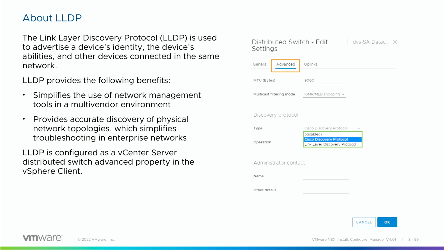For bare metal servers and for NSX Edge transport nodes, that LLDP information would be configured as I prepare the transport node, as I assign that information to the transport node itself. But on ESXi hosts, I'm going to configure that LLDP, that discovery protocol configuration through the vSphere distributed switch config, not through NSX, through vCenter. So I'll manage that just like I always have with my distributed switch.